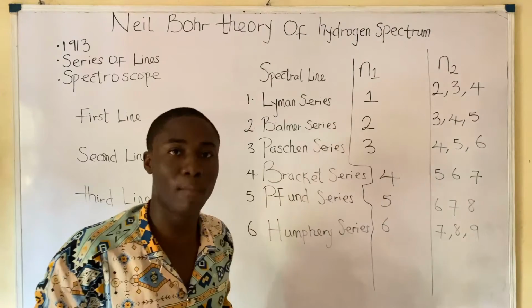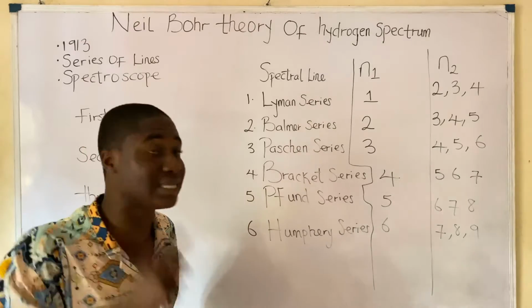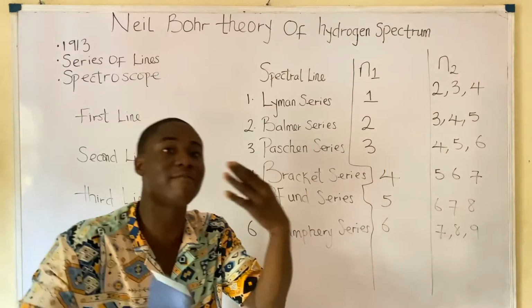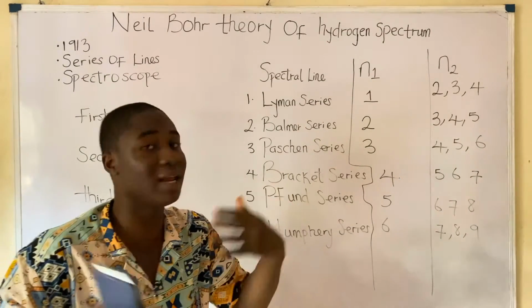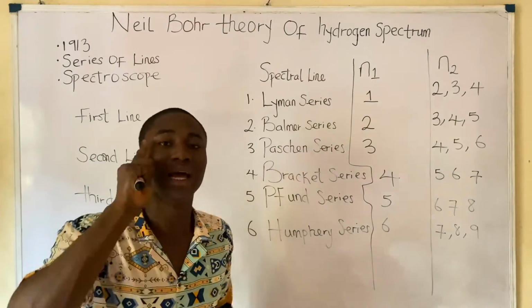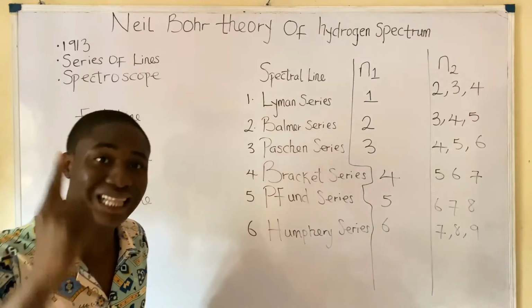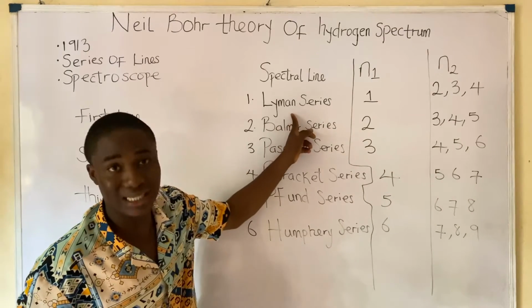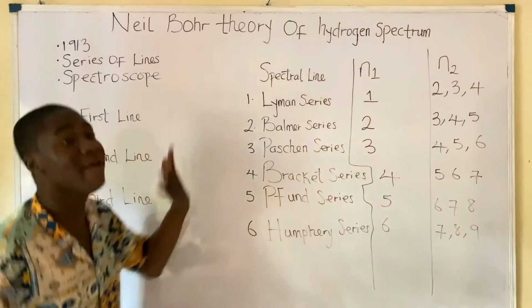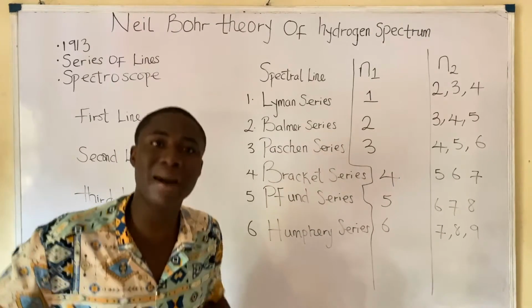For instance, the question says calculate, because this concept has to do with wavelength, energy, de Broglie's wavelength and the rest, which we're going to talk about as we progress. They might say in a particular question: calculate the wavelength for the first line in the Lyman series. Please pay attention.